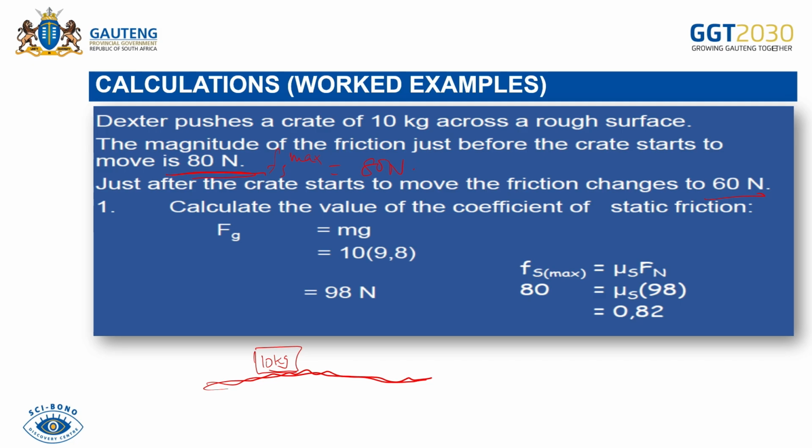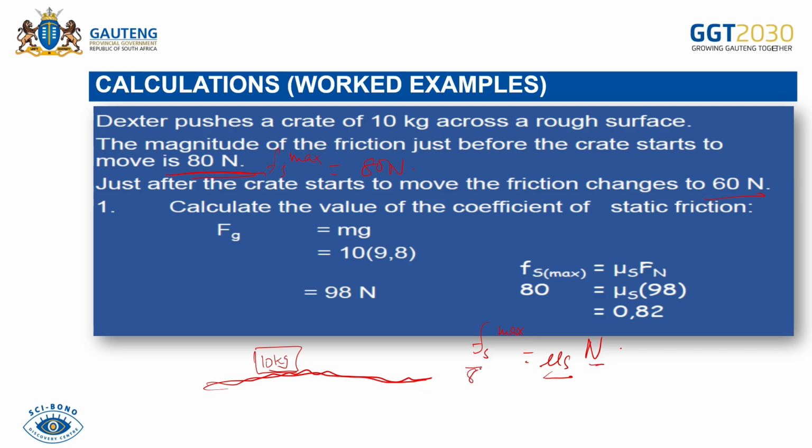What are they looking for? Calculate the value of the coefficient of static friction. There is only one equation where we have static friction. The equation is Fs max equals mu s N. For us to get the coefficient of static friction, we need the normal force and Fs max.